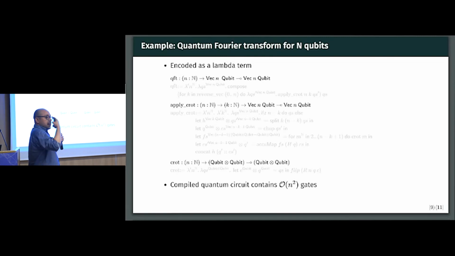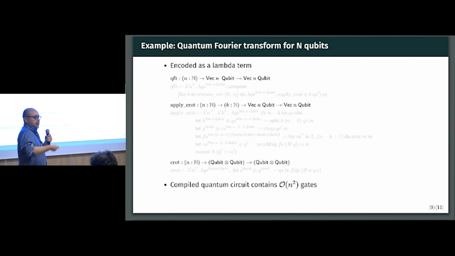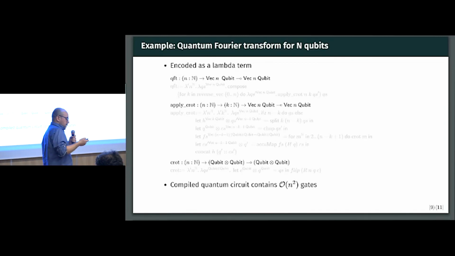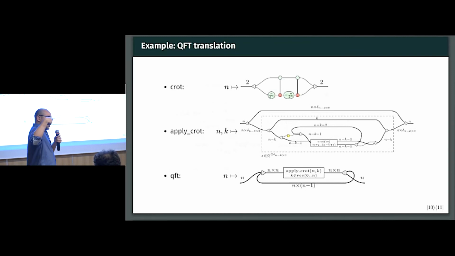If we were to compile this into a circuit, it would take an order of n squared, n to the power 2 gates. Now, with our translation, we achieve this. We have a control rotation. Check that even though we are using SZX, the indexes of the family of diagrams do not operate only on the wires.